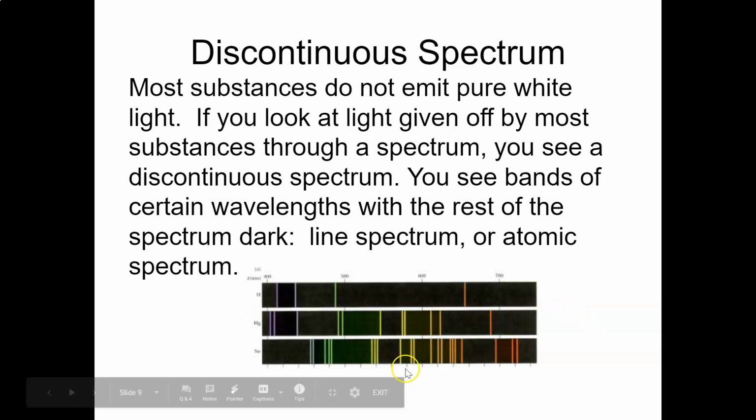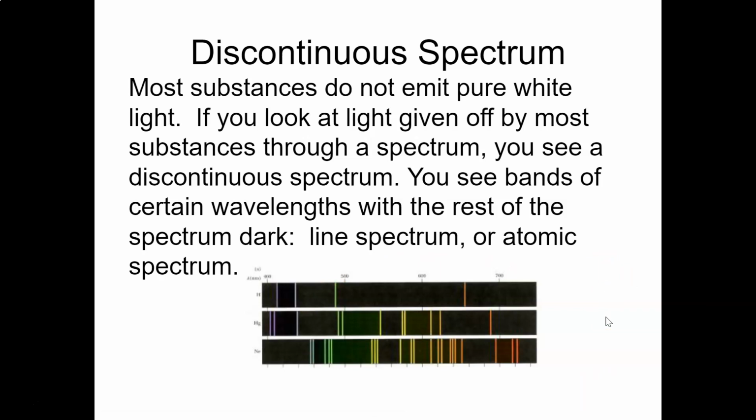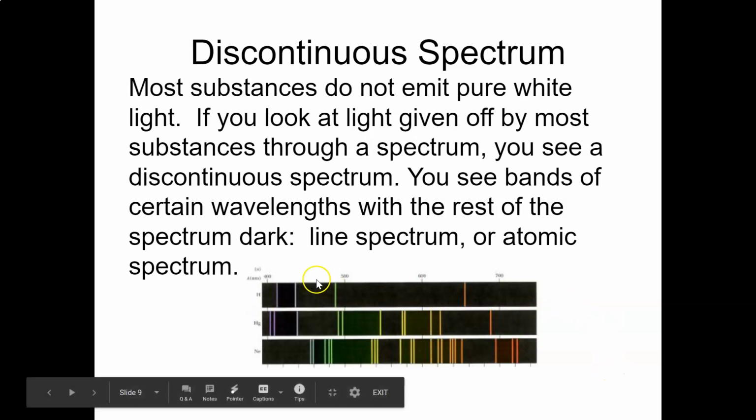It's discontinuous because you see the lines. It's not a continuous spectrum, it's a line spectrum. And this is what happens when you pass the light coming off of an atom through a prism. You see these individual lines, and each element has its own unique set of lines.